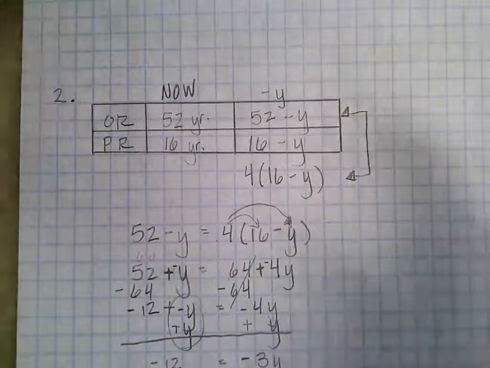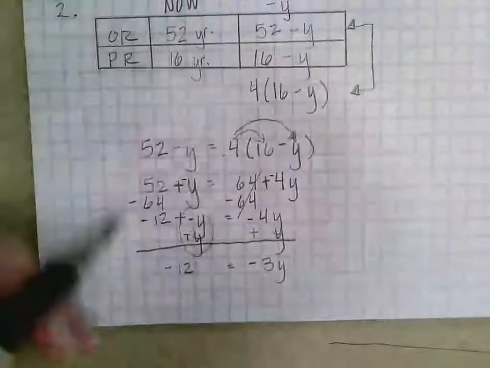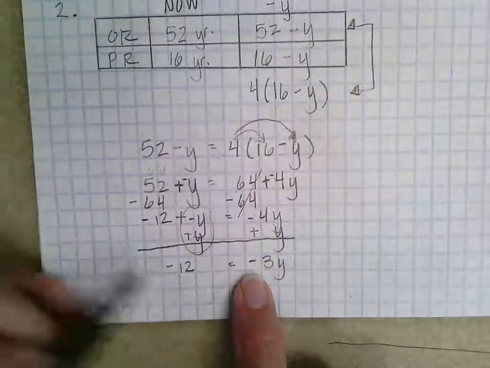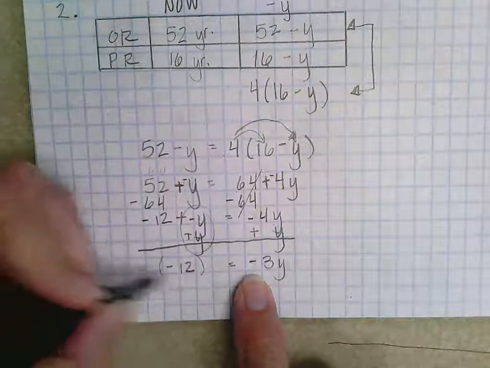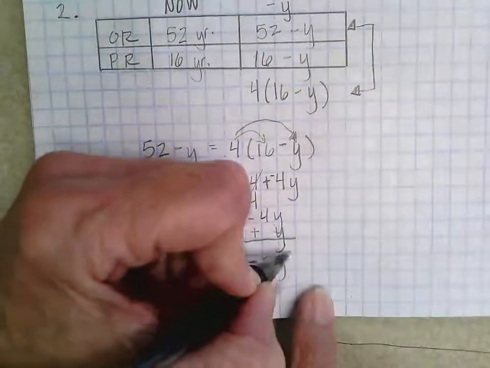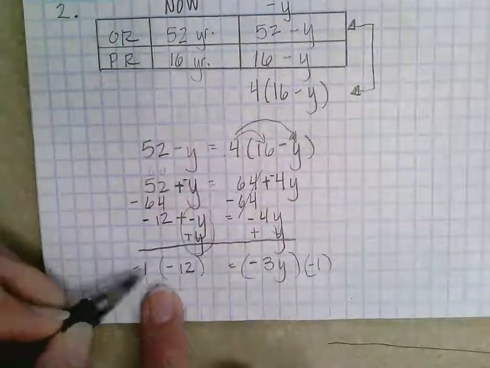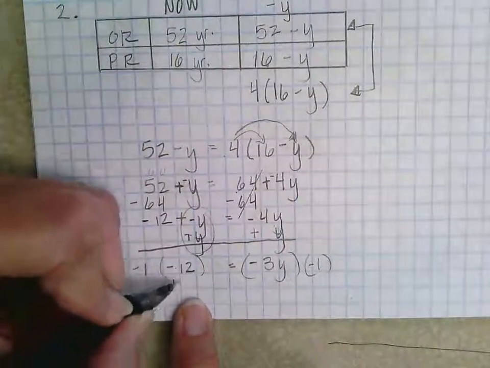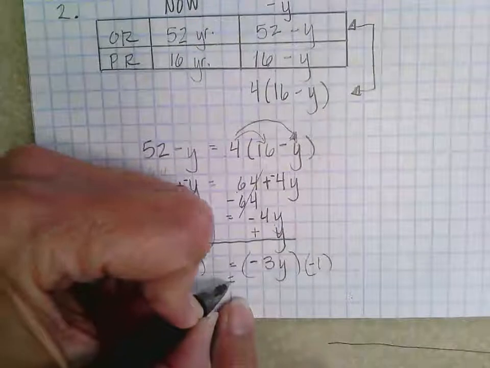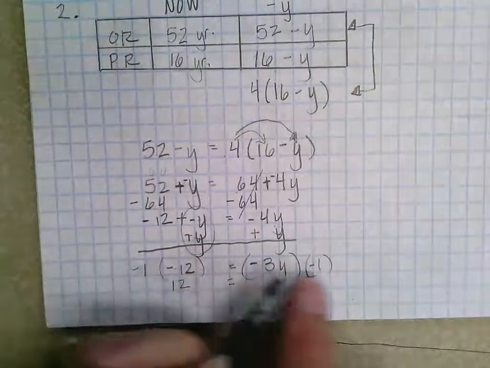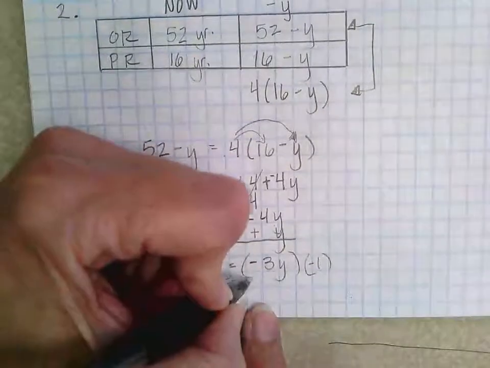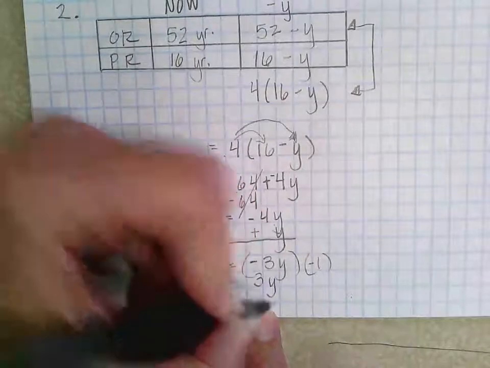Now, one of the ways to not have negatives when you have it on both sides is to multiply both sides by negative 1, because a negative times a negative is a positive. And again, if I do something on one side and I do it on the other side, the equivalency is maintained.